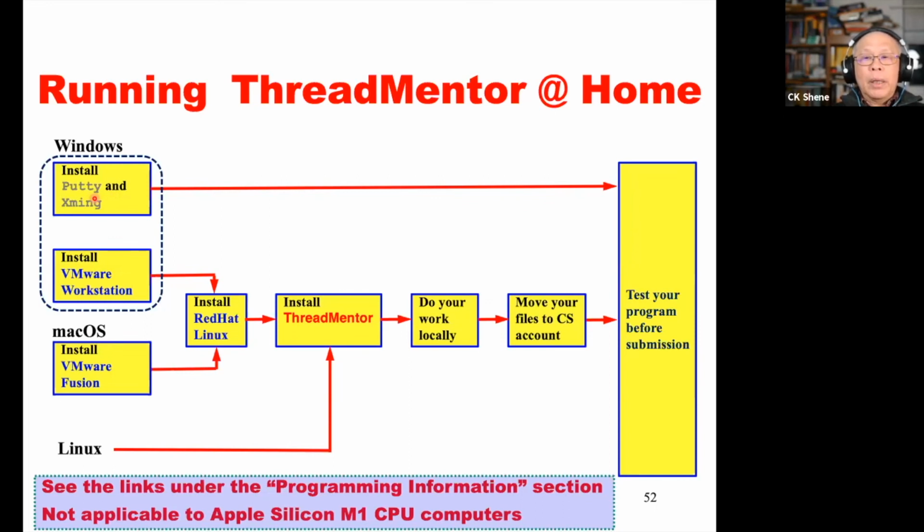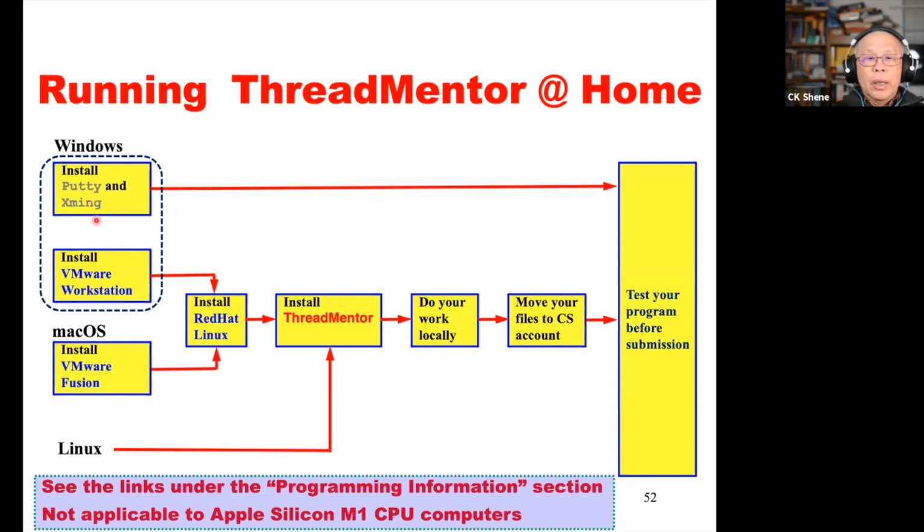But PuTTY alone does not support graphics. Our lab machines use the X window and other graphic capability like what we are using for ThreadMentor. So if you use PuTTY, you won't be able to see all the visualization.